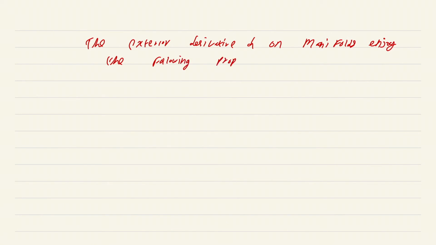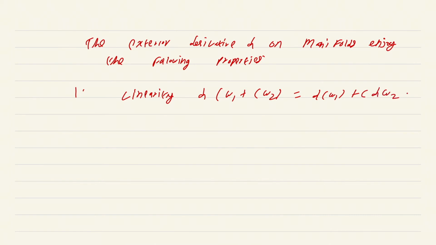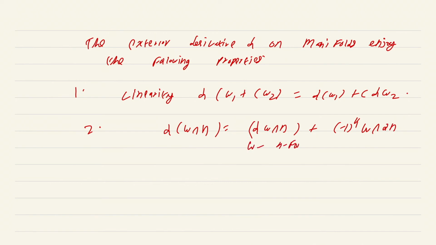Number 1, linearity: d of omega 1 plus c omega 2 is d omega 1 plus c d omega 2. Then behavior under the wedge product, which just says that d of omega wedge eta is d omega wedge eta plus (-1) to the power k omega wedge d eta, where omega is a k-form. And number 3, d of d omega is 0. This is that cocycle condition.